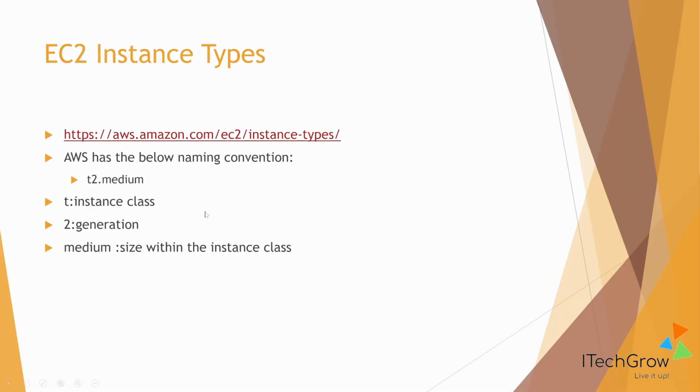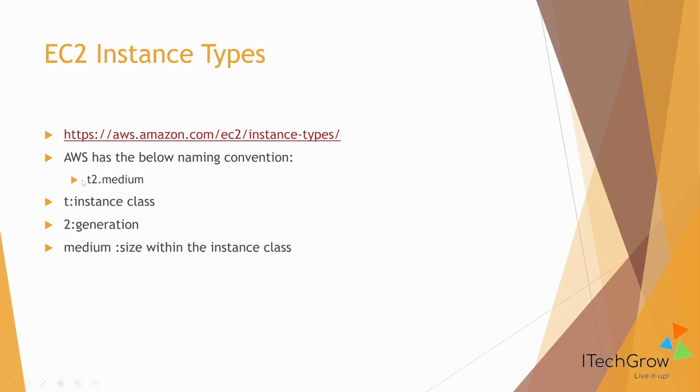Before that, let me tell you about how EC2 instance types are used in the naming. For example, take t2.medium, which is one of the instance types. Here the T is the instance class, the 2 is the generation of the instance, and the medium is the size within the instance class.